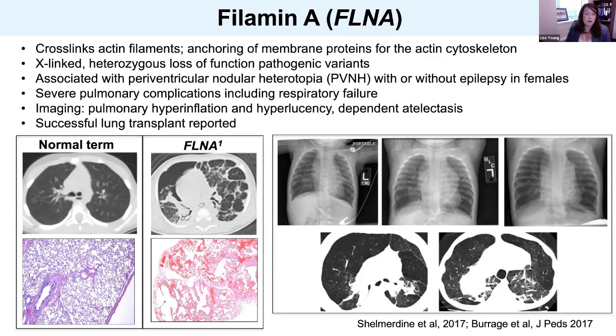I've seen pulmonary hemorrhage. The group at Texas reported successful lung transplants in several, and this is generally X-linked. But when the actin cytoskeleton doesn't work, things don't go well in the lung, and that's what some of these cases reflect.